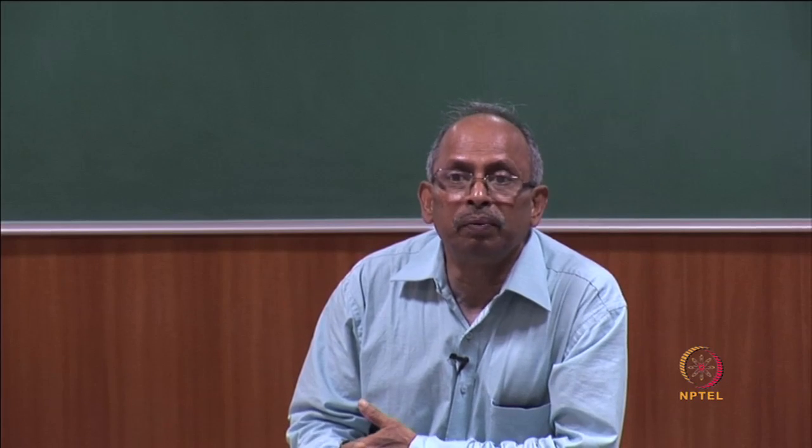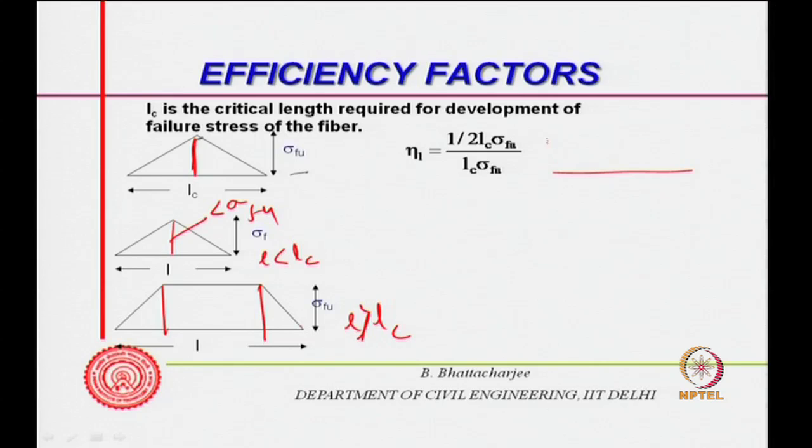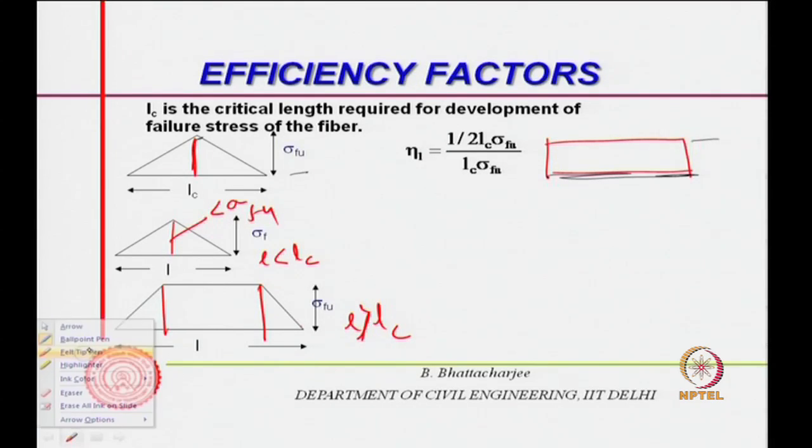If it was a continuous fiber, the stress in the whole of the fiber would have been simply sigma fu throughout, but here this is not a continuous fiber, therefore the stress is less.